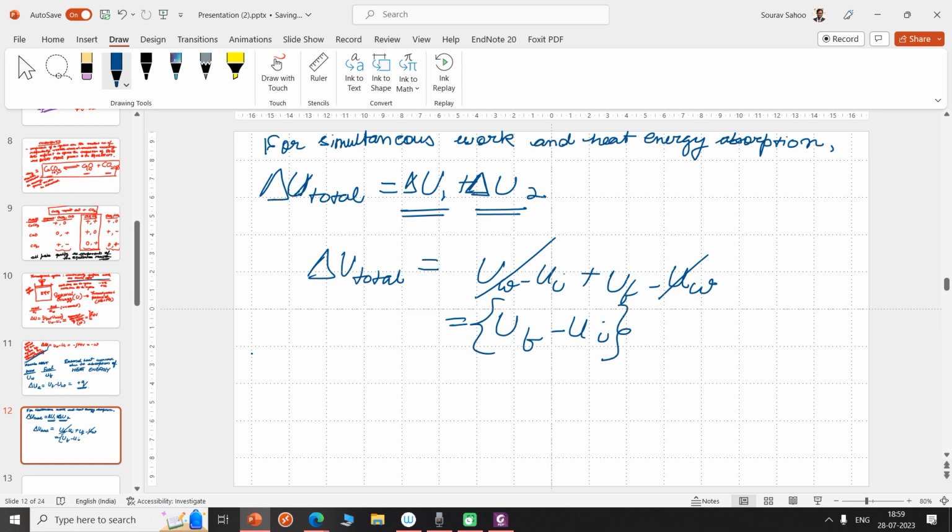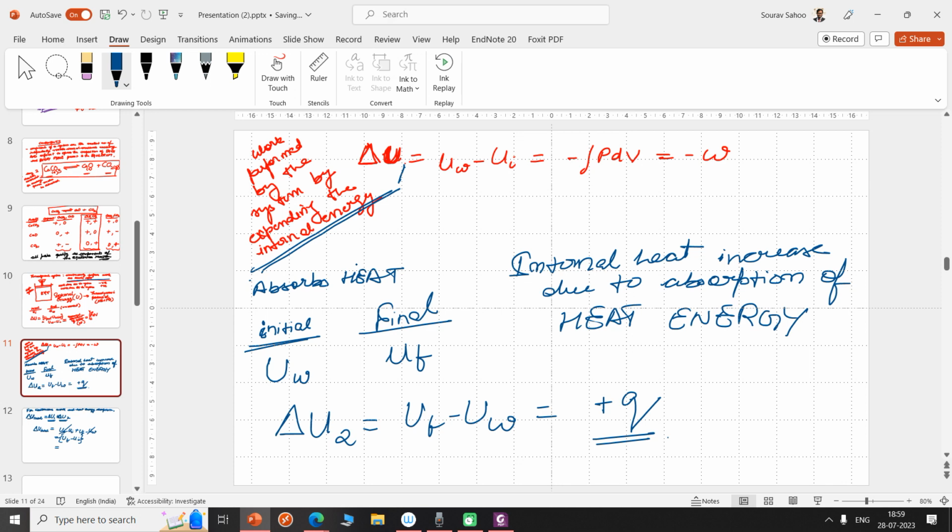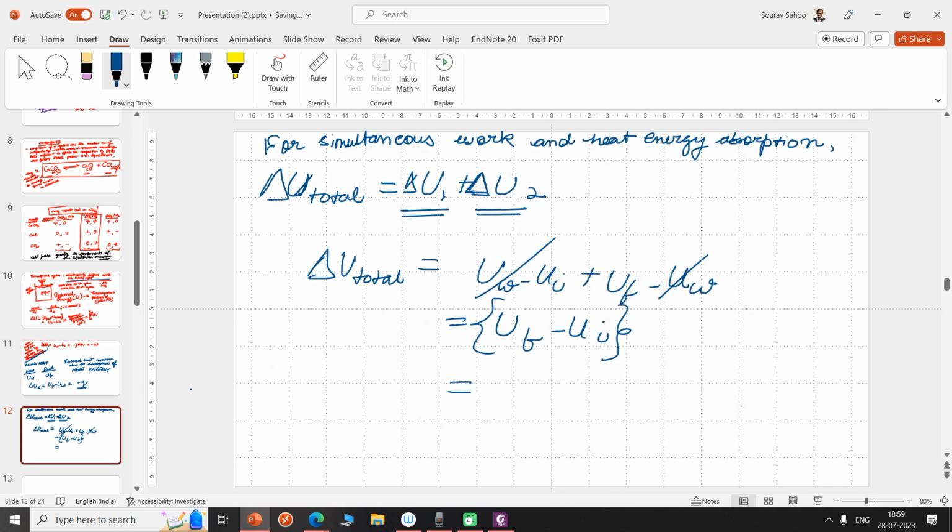On the right-hand side we have minus W here and plus Q here, so we have plus Q minus W. So delta U, I'm not writing total because I have considered the whole thing to be simultaneous, is equal to plus Q minus W. This is what the first law of thermodynamics tells us.